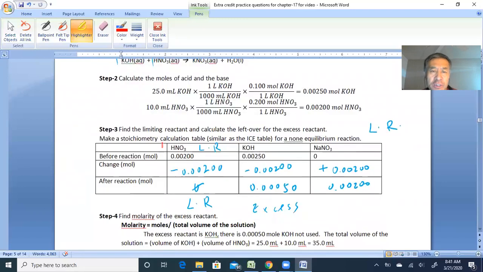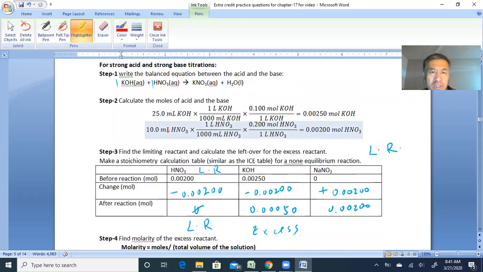Then we can use this type of table to find out the limiting reactant and calculate the leftover of the excess reactant. If the reaction has a one-to-one ratio between the two reactants, the limiting reactant is the reactant that has fewer moles, so this has fewer moles compared with this number.